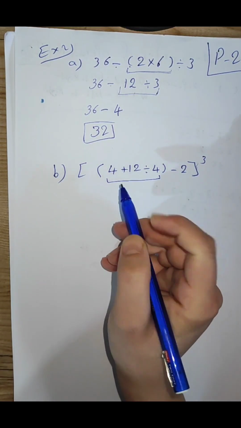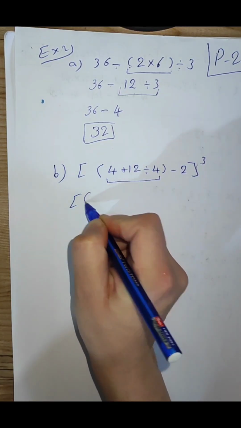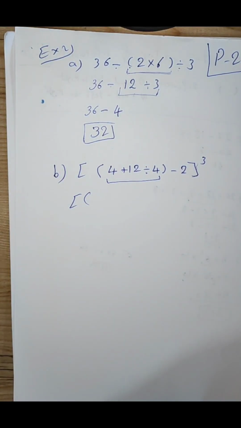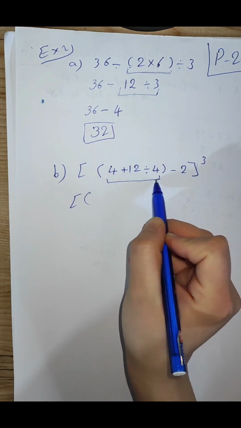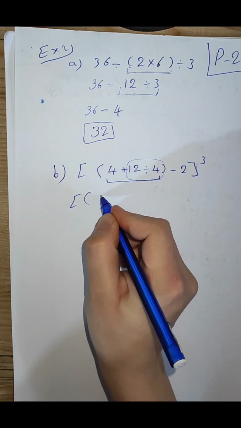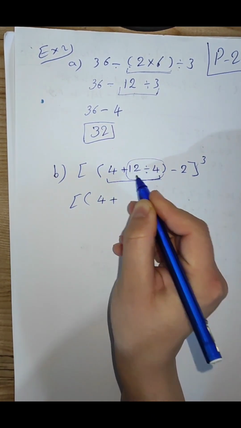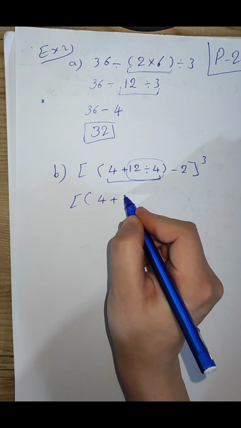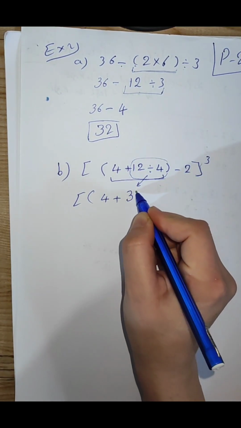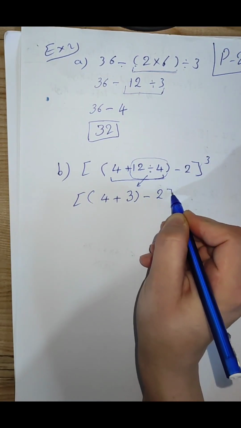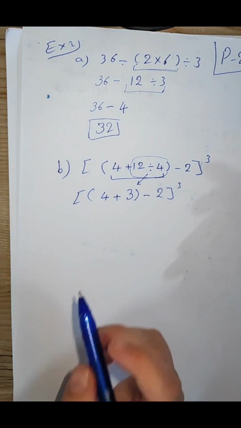You have two different orders of operation, so you should solve this part first and write 4 plus 12 divided by 4 is equal to 3, then minus 2 bracket 3.